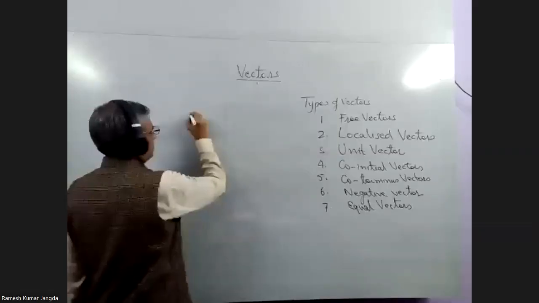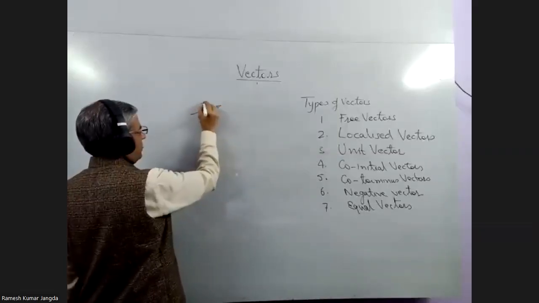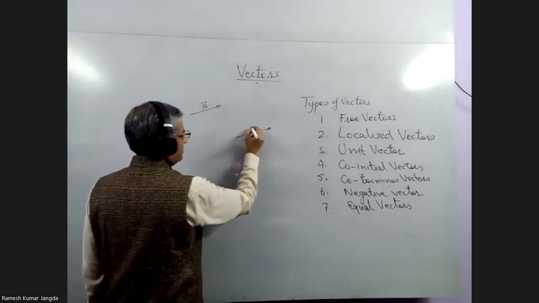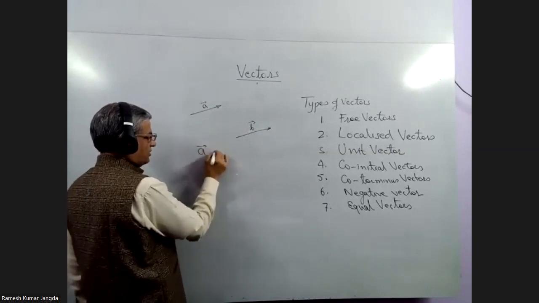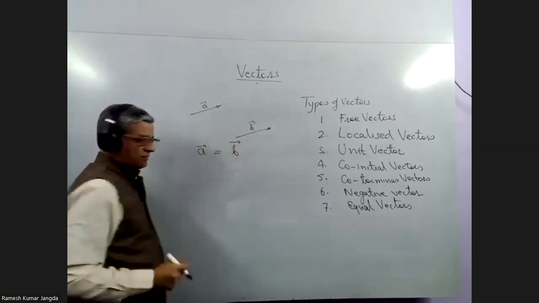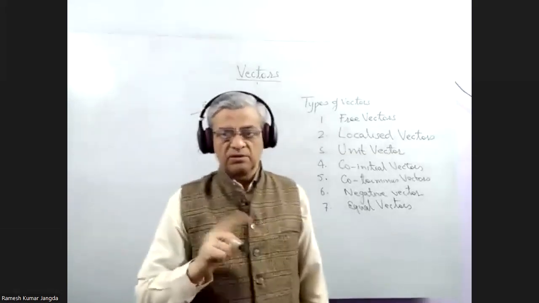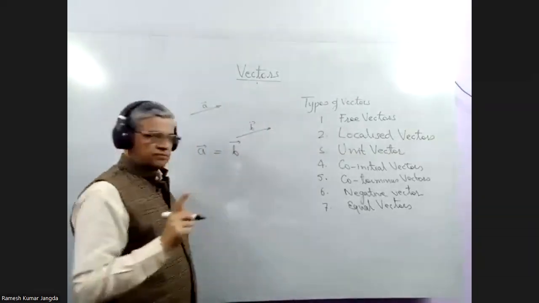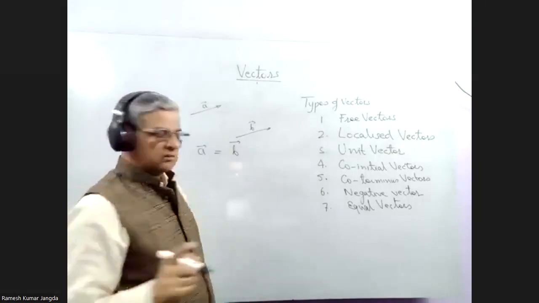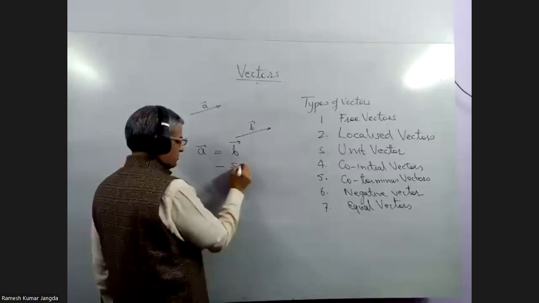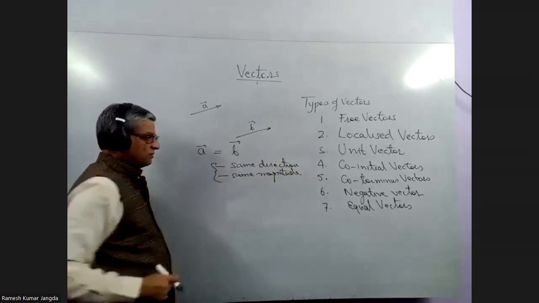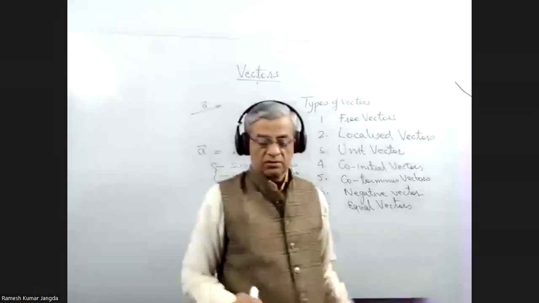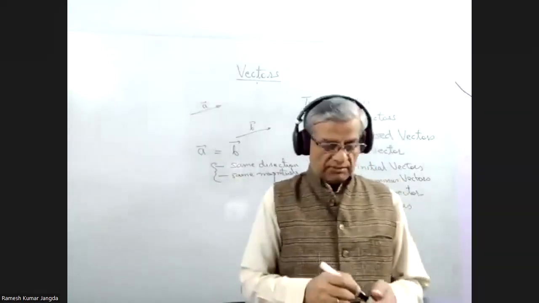This is a vector A, and we have another vector B. Then vector A is equal to vector B. When will this happen, and only happen? When they have the same direction and same magnitude. These are two essential conditions for two vectors to be the same.